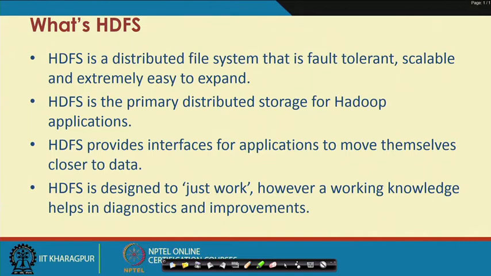One of the main differences between HDFS and other distributed file systems is that it provides interfaces for applications to move themselves closer to data. As we discussed earlier, one of the main issues of big data processing is that we waste a lot of time moving data between the different nodes that we are processing it in.